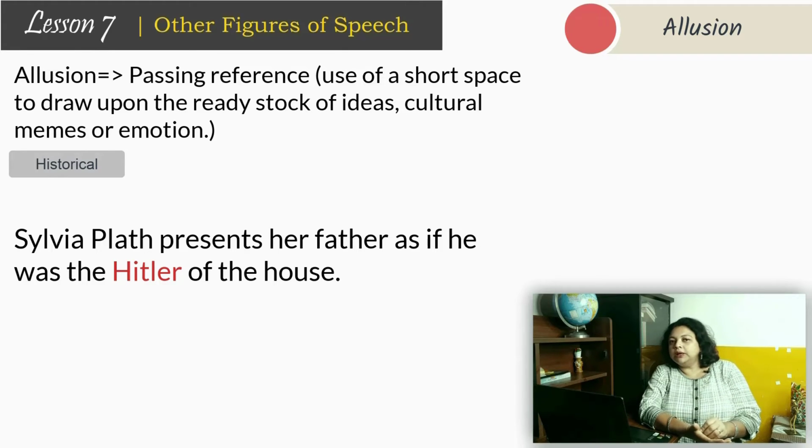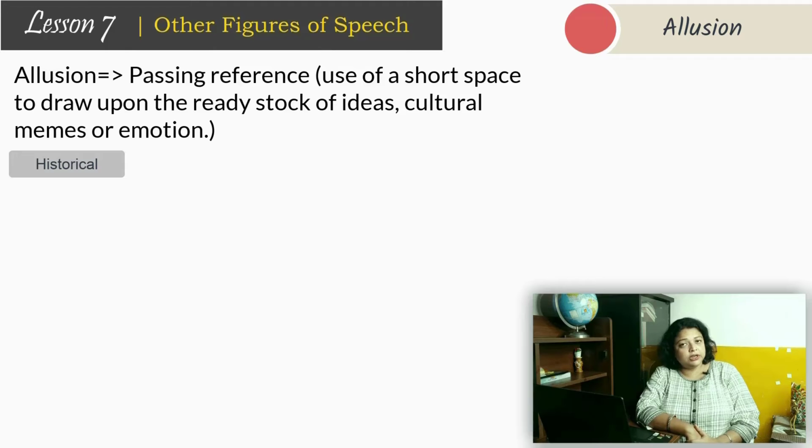So I am not talking about Hitler, but I am using Hitler as an external reference, where you might have to actually look up Hitler if you don't know about him. We use historical allusions all the time, even in our common speech and expressions. Mythological allusion, second kind of allusion, Ghore Shotru Bibhishan.